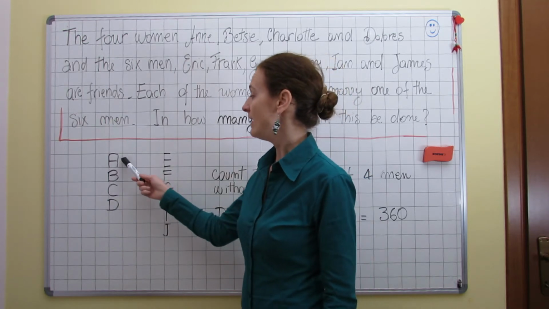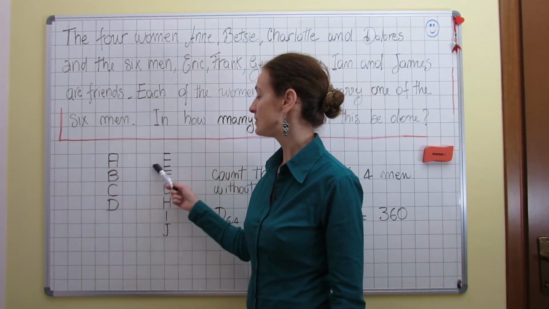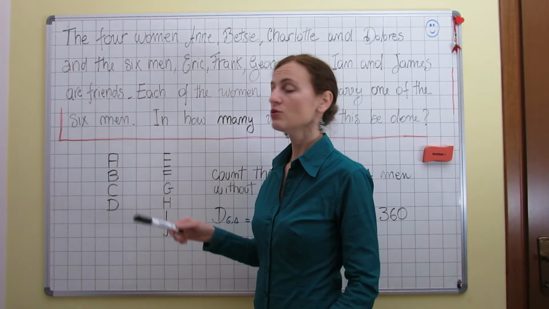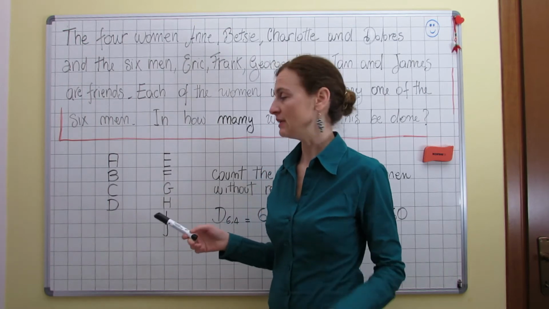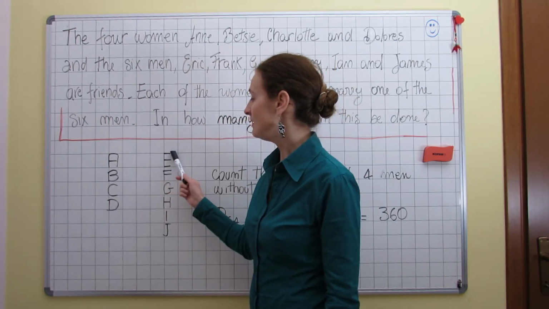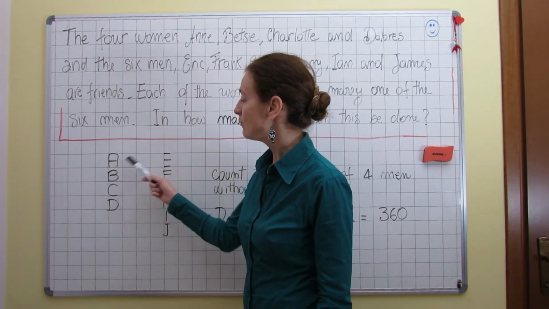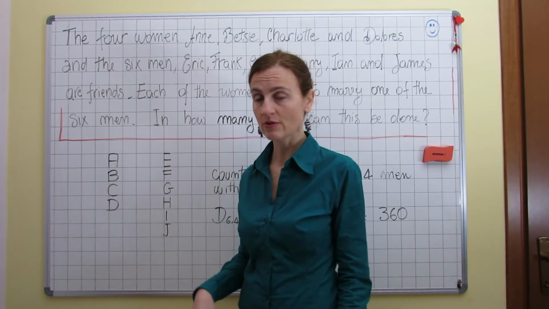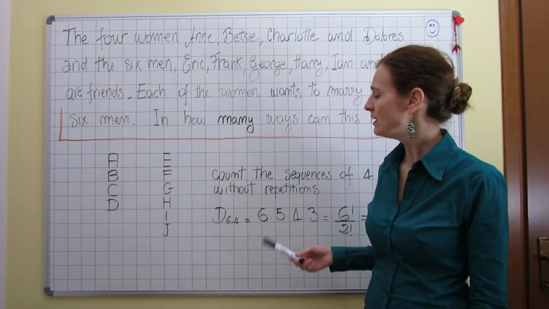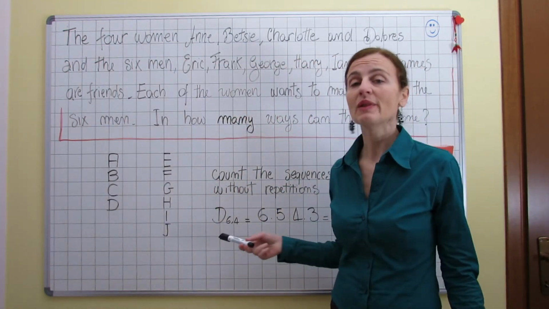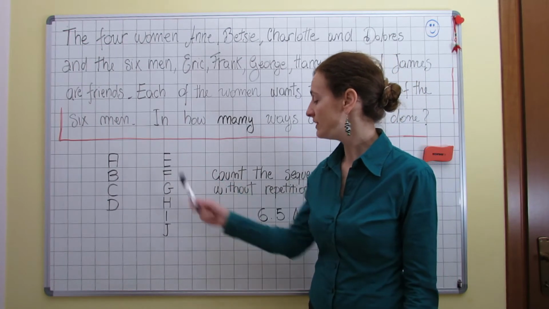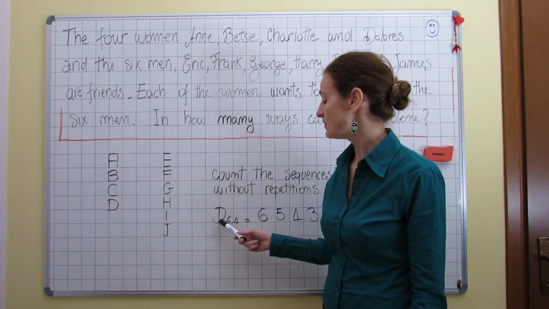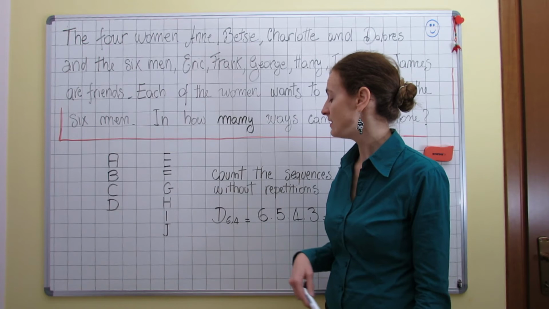So A and C will not choose the same man. This will not happen. So letter E will not be written in 2 blanks. So no repetitions. That explains why this model is a disposition of 4 elements in a set of 6.